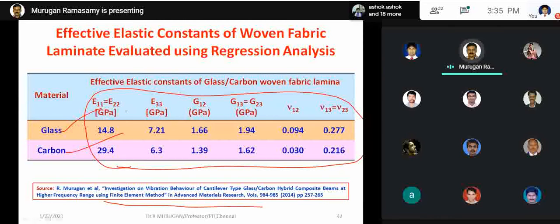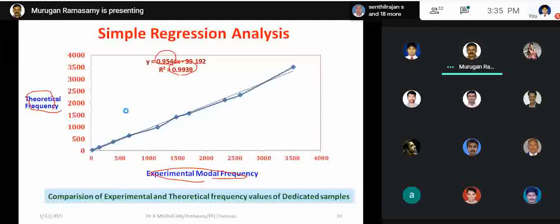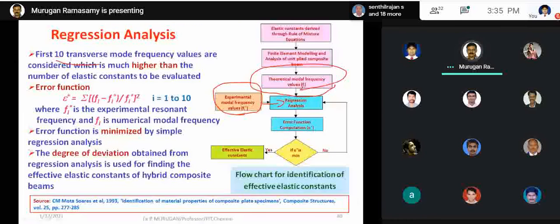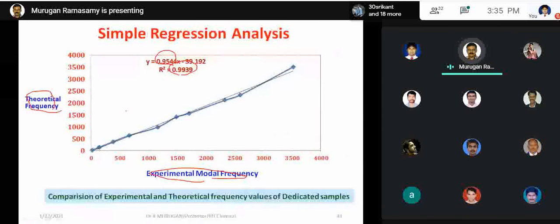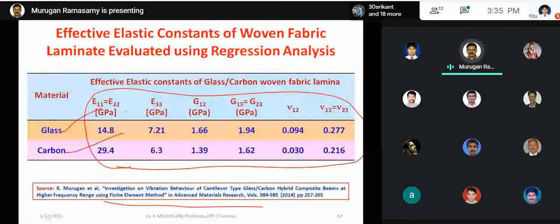After achieving this, again I'll summarize this procedure. We fabricated the 4-layered glass laminate and 4-layered carbon laminate using a hand layup method. For these laminates, we conducted experimental modal analysis. From the experimental modal analysis, we got the actual modal frequency of the laminate.